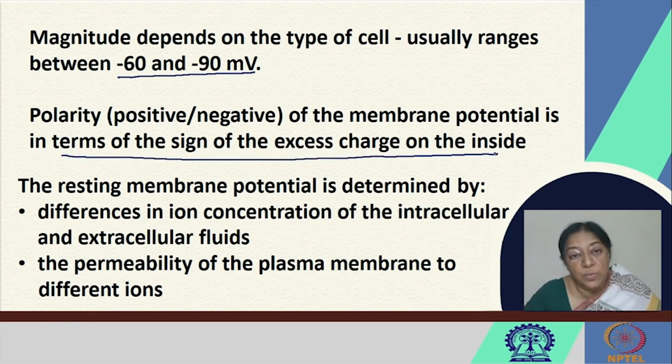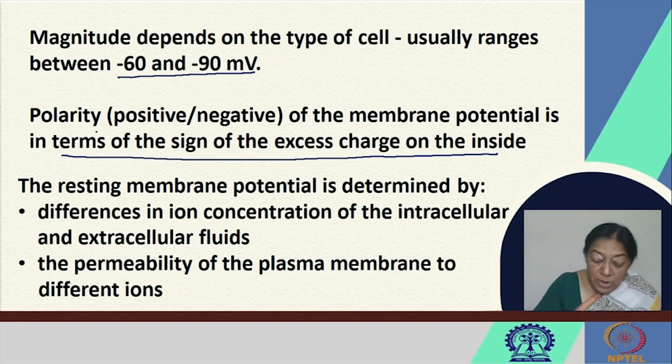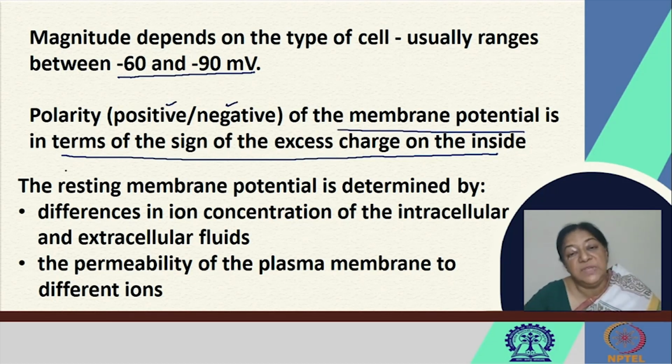This is the way it is represented by convention: the polarity, whether positive or negative, of the membrane potential is in terms of the sign of the excess charge on the inside. And this, as we saw, is usually negative, and the value ranges from around -60 millivolts to -90 millivolts.